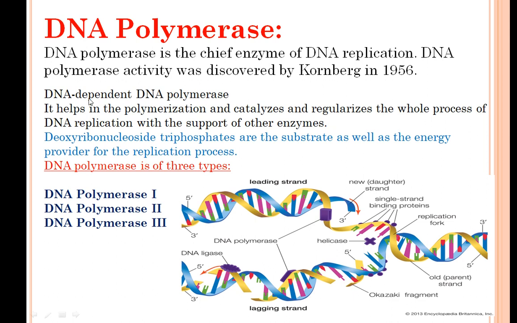Here you can see DNA dependent DNA polymerase. It helps in polymerization and catalyzes and regulates the whole process of DNA replication with the support of other enzymes. DNA nucleoside triphosphates are the substrate as well as the energy provider for the replication process.